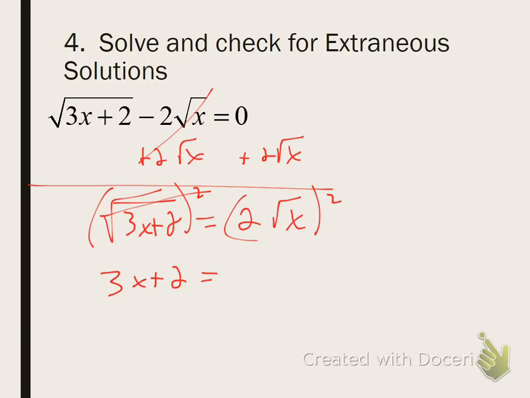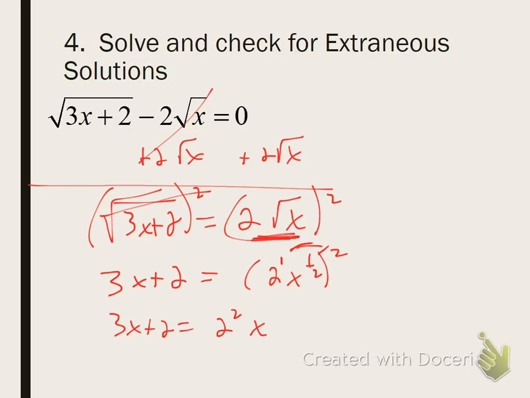Here you got to be careful. If I were to rewrite this with rational exponents, I'd go 2x to the 1/2 and then raise that to the second power. We have to understand that 2 has its own exponent. So we would distribute the squared there to both of those exponents, giving us 2 squared x to the first, right? 2 squared is 4.